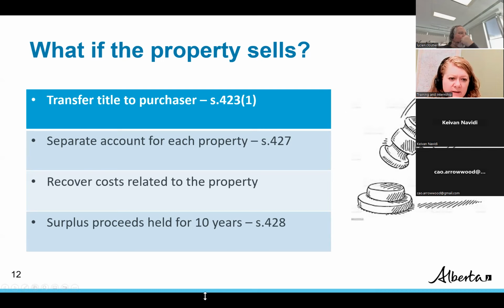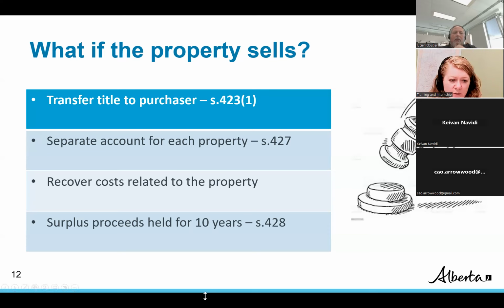Section 427 sets out that all proceeds must be deposited into a separate account for each property sold. It also outlines the order in which costs and expenses get paid before any surplus is distributed to the previous owner. So first on the list is any remedial costs, then the tax arrears, then lawful municipal expenses such as legal fees, land titles fees, that type of thing.